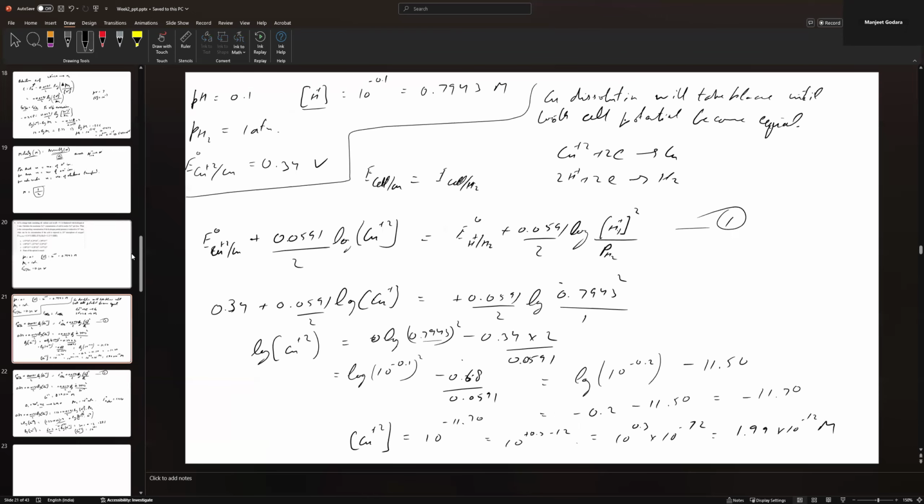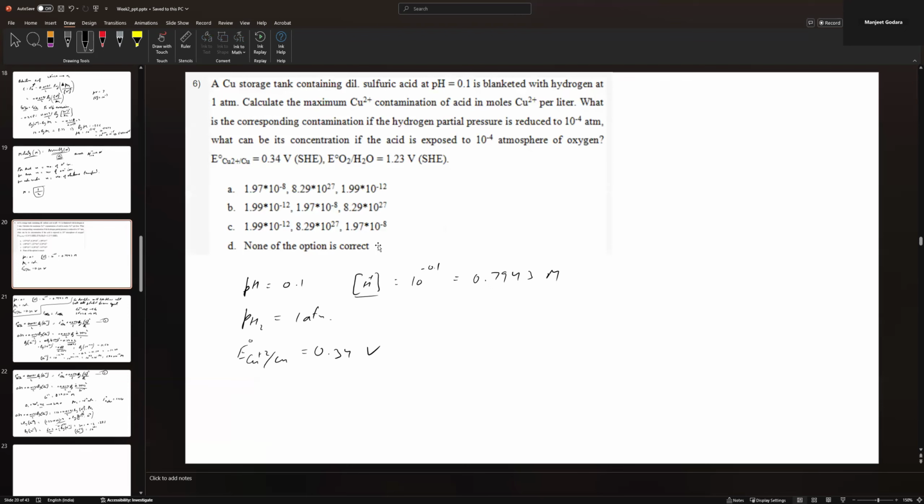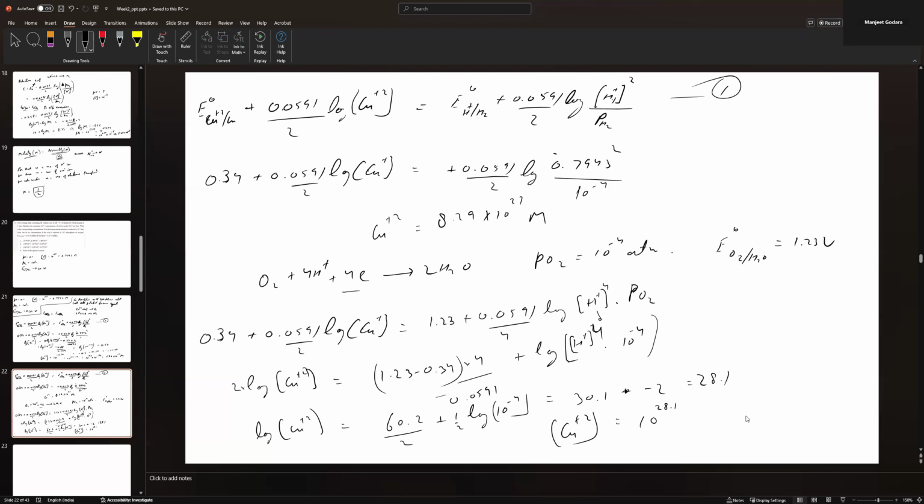Did I make some mistake? The answer should be this: Cu2+ equals 8.29 into 10 to the power 27. I think this is taken as 1, right? With 10 to the power minus 4, this value will be way lower.